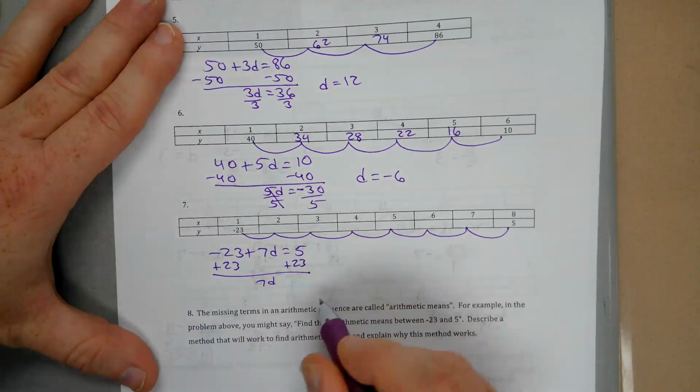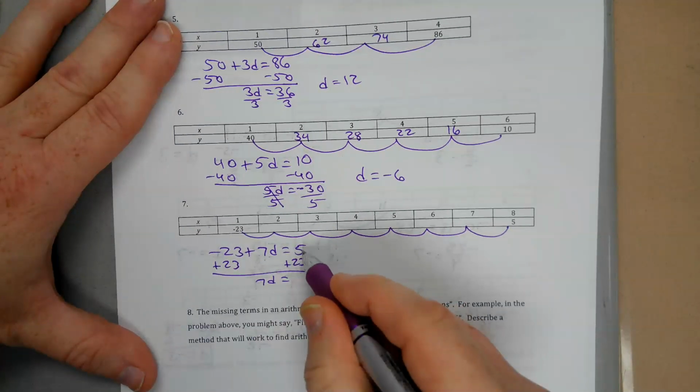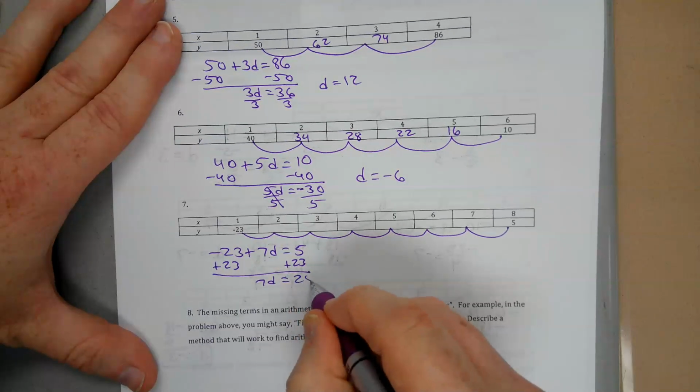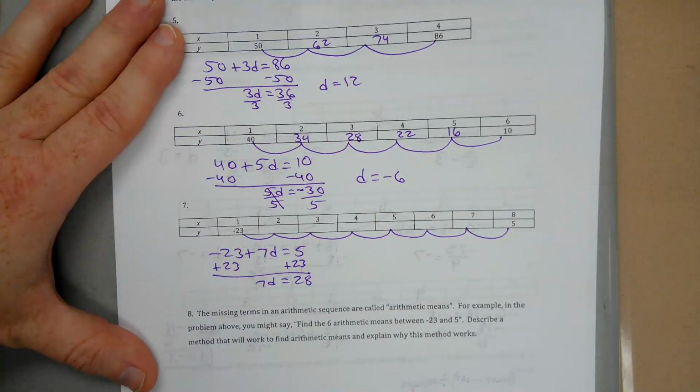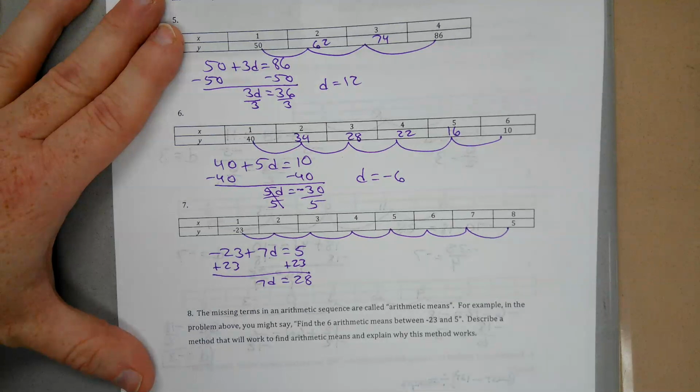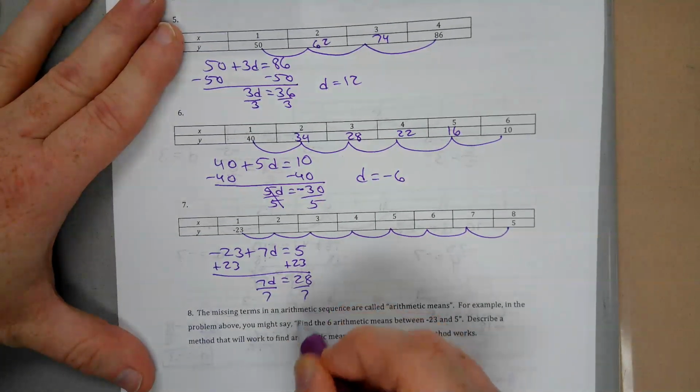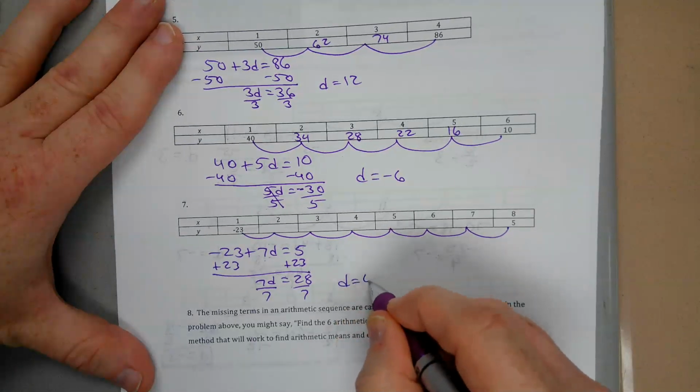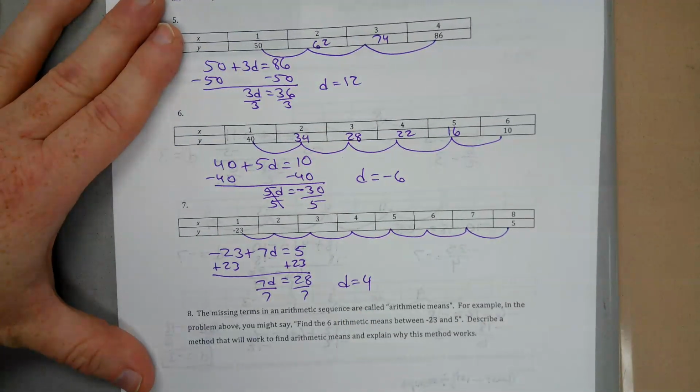That gives me 7d equals 5 plus 23, that's 28. And then I'm going to divide by 7. And I get d equals 4. So that's what I'm going to add by.